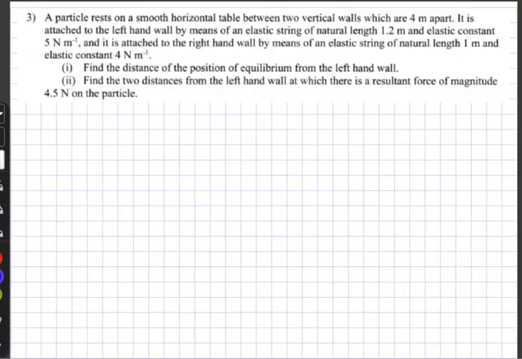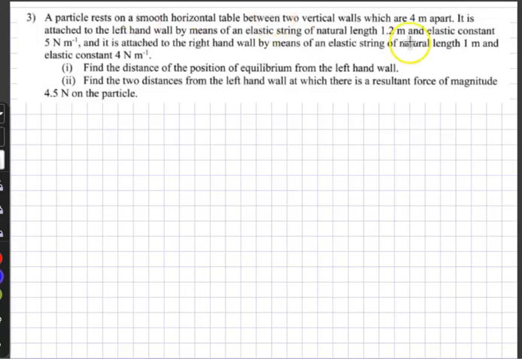Okay, this is a new scenario that we're now going to look at in a horizontal direction. So it's not so much a mass with a weight that we're concerned about. A particle rests on a smooth horizontal table between two vertical walls which are 4 meters apart. It is attached to the left hand wall by means of an elastic string with natural length of 1.2 and an elastic constant of 5, and it is attached to the right hand wall by means of an elastic string of natural length 1 meter and elastic constant of 4.